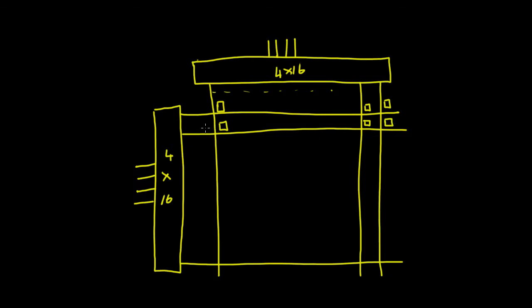Then we can use this decoder to choose which memory cell we want to use, because we can take a connection from this memory cell into the vertical line, and a connection into the horizontal line.